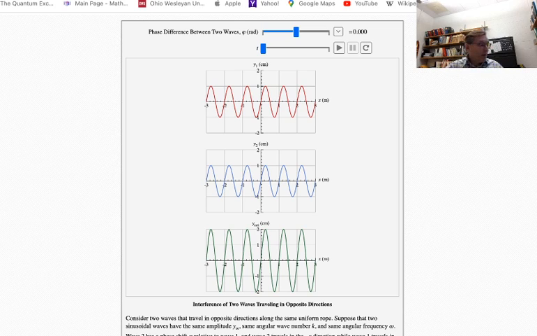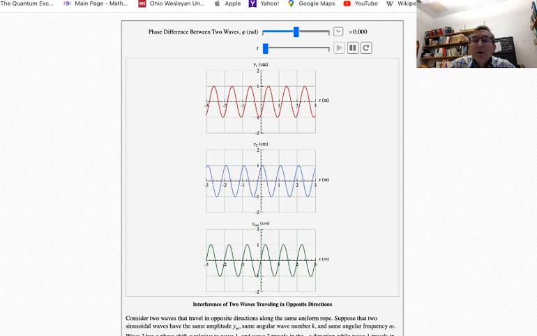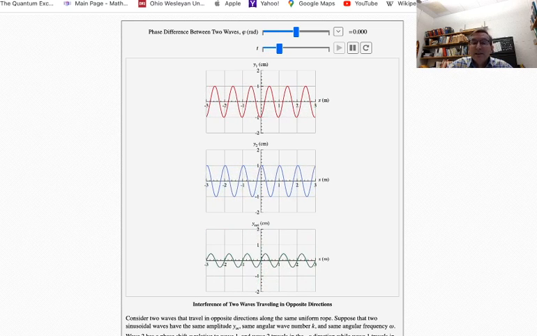So these formulas do get the correct locations of the nodes and antinodes. And because I started out with just sine kx minus omega t and sine kx plus omega t, I got that net wave with a node at the origin. Let's run it again so you can see that the node points, such as at the origin, never move in the bottom graph.